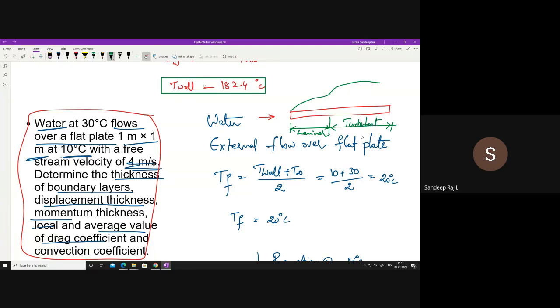So this we know from our fluid mechanics knowledge. Now, what I'm asking is, where is the flow converting from laminar to turbulent?